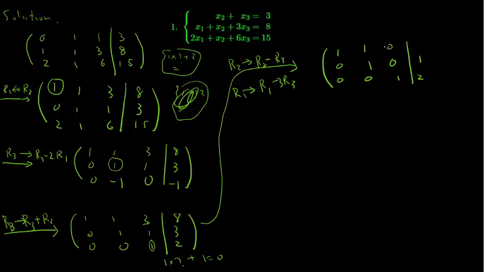We wanted to make this location 0. Anybody want to tell me this number? Yeah, this number is 2, right? So 2 times -3 is -6, and then plus that 8 is 2.